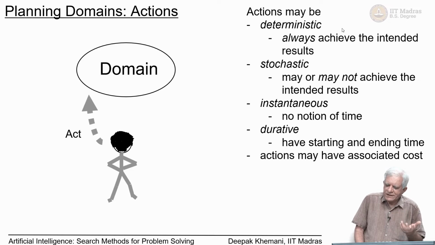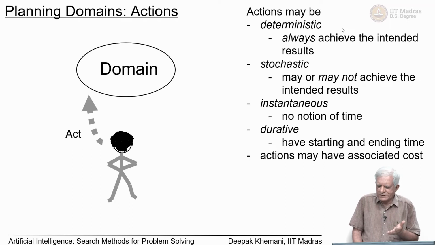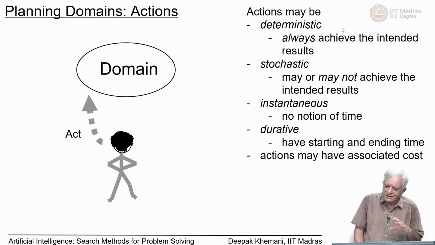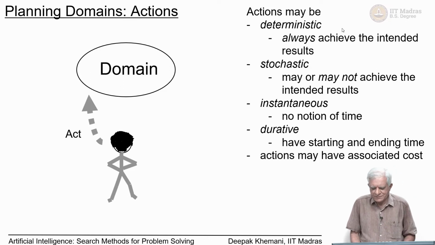But you can also have a domain where there are actions which are instantaneous but also stochastic, such as which square to move to next. So these are different dimensions, deterministic versus stochastic and instantaneous versus durative, and there can be any combination of those.